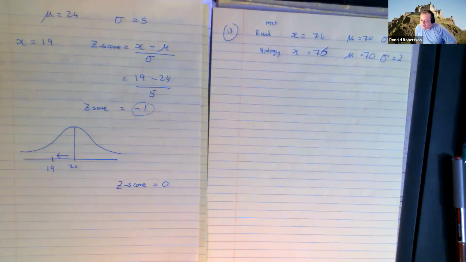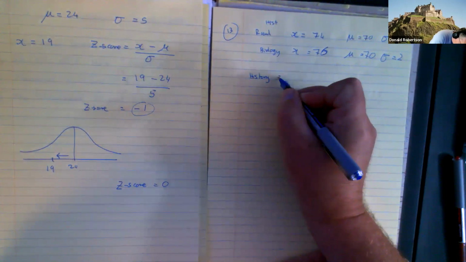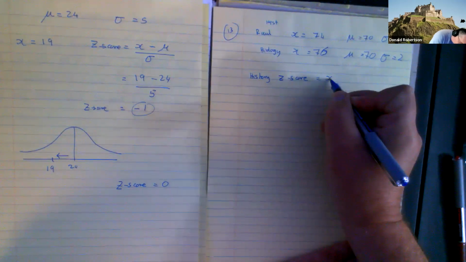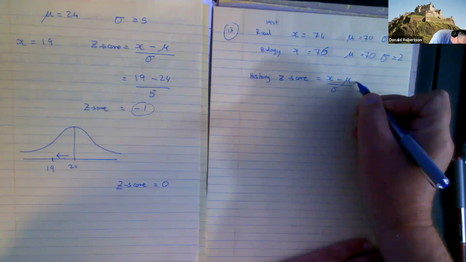So all we need to do is calculate the Z-scores, right? Bigger Z-score, you did better, right? If both Z-scores are the same, then you did about the same. So let's look at what the history would be. The Z-score for his history would be what he got, take away the mean, divided by the standard deviation.